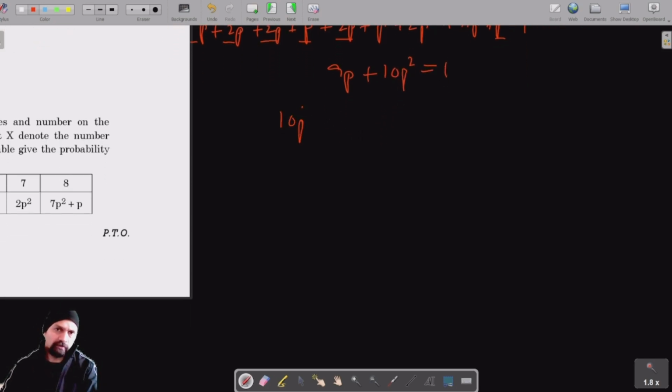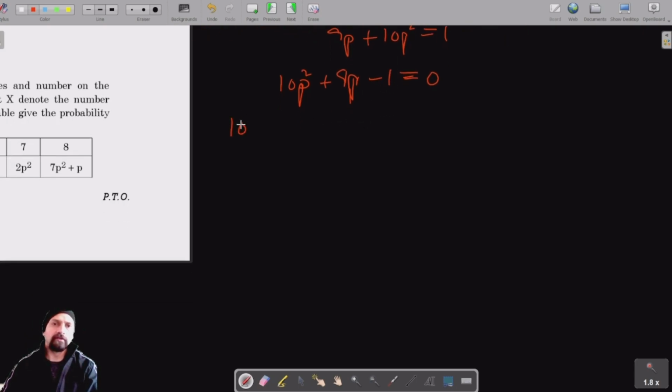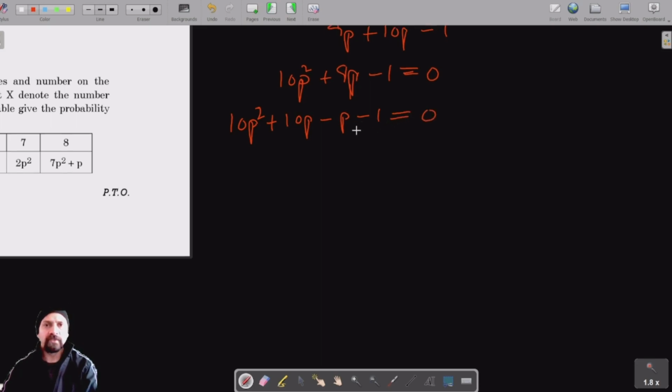And now this becomes a quadratic equation: 10p square plus 9p minus 1 is equal to 0. This can be written as 10p square plus 10p minus p minus 1 is equal to 0.